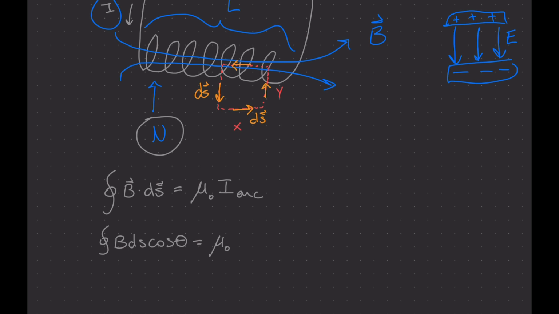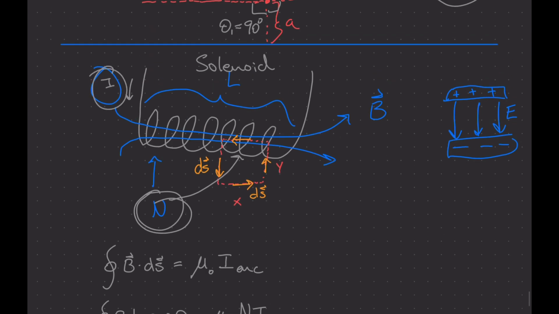N is the total number of turns of wire you have over the whole solenoid. And the current enclosed is only the current enclosed by my Amperian loop here. So let's actually say that the letter N denotes the number of times that the wire passes through our Amperian loop. Then we can just say the current enclosed is N times I, N being the number of times the wire loops around, and I being the current.